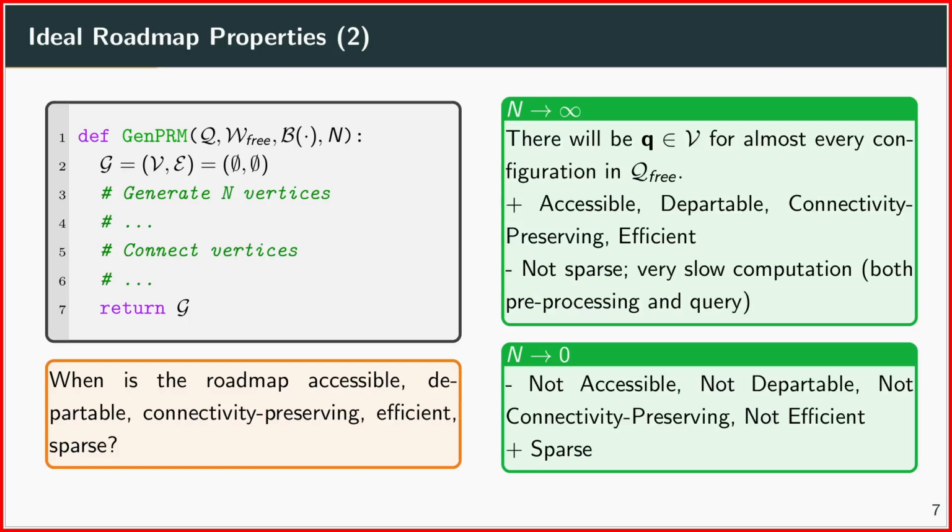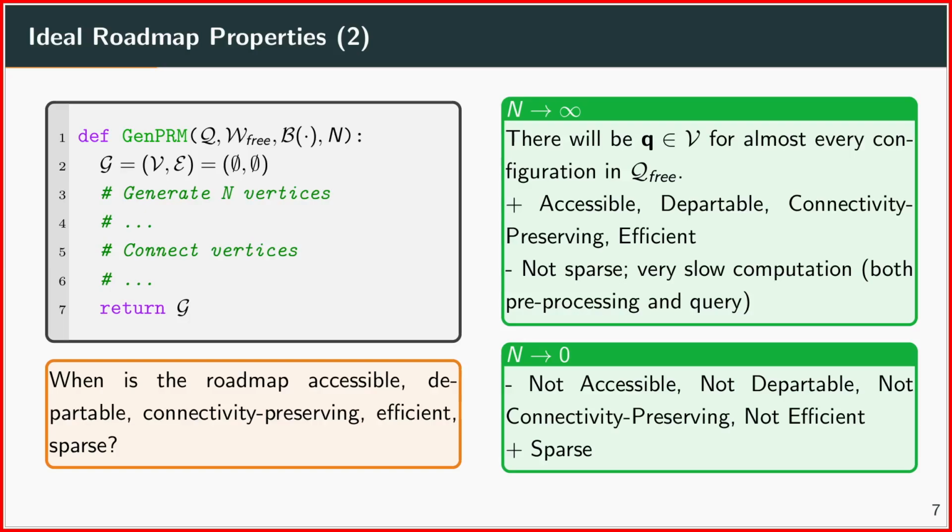For the case where n goes to infinity, the cool thing is that there will usually always be a configuration on your roadmap for every configuration in the free configuration space, which makes sense because we have densely sampled and gone to infinity with our number of samples, so there should always be a point very close to any point in our configuration space. And that actually makes it accessible, because now we are very close to any given point.